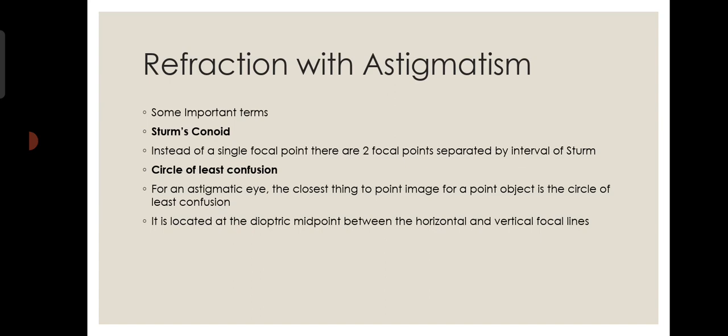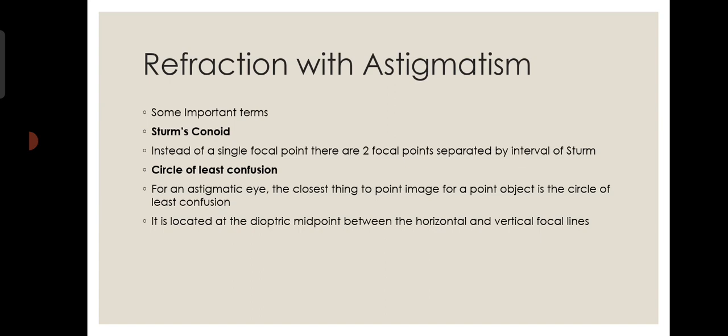So dealing with patients with astigmatism is really a challenge. To understand astigmatism, you need to understand the concept of Sturm's conoid and the circle of least confusion. Sturm's conoid means that instead of a single focal point, there are two focal points separated by the interval of Sturm. I will explain by the diagram.